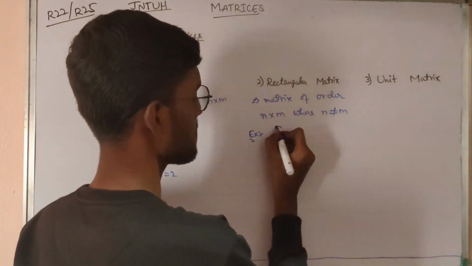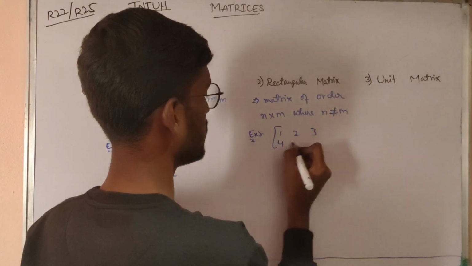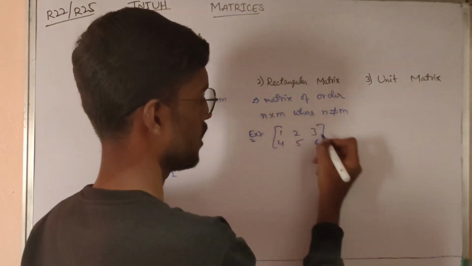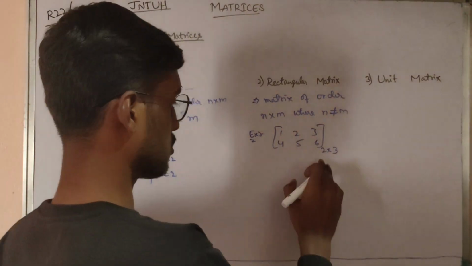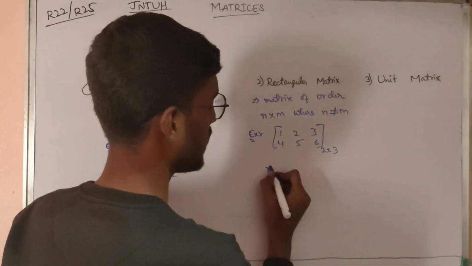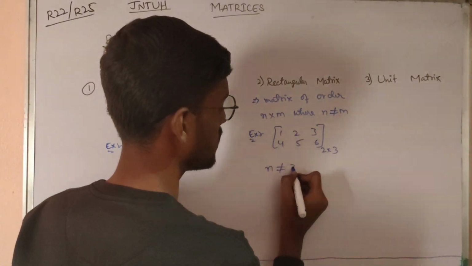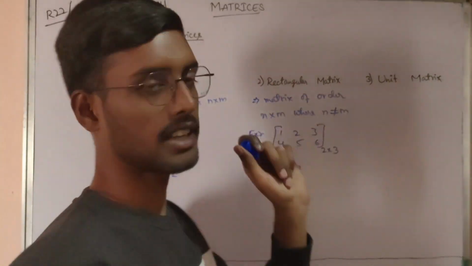For example, 1, 2, 3, 4, 5, 6 is our matrix of order 2 by 3, with 2 rows and 3 columns. So n is not equal to m. Then it is a rectangular matrix.